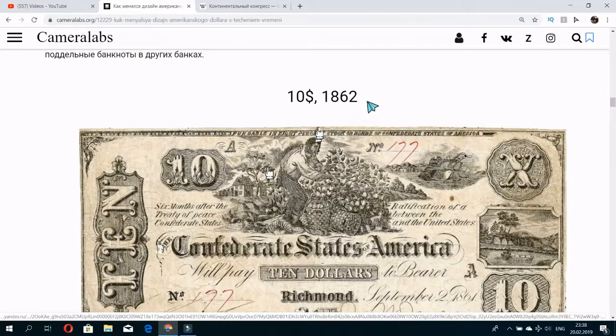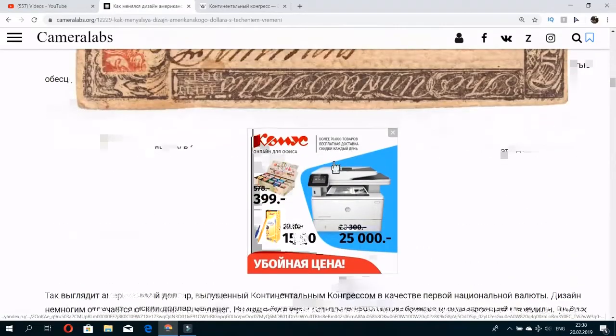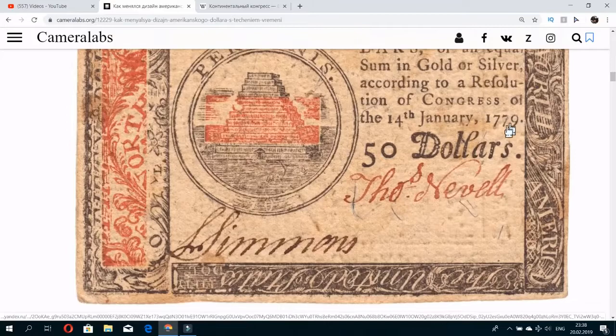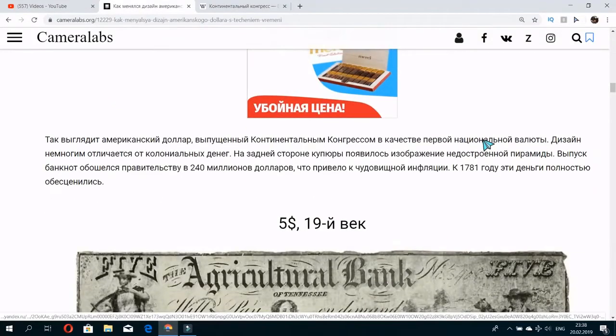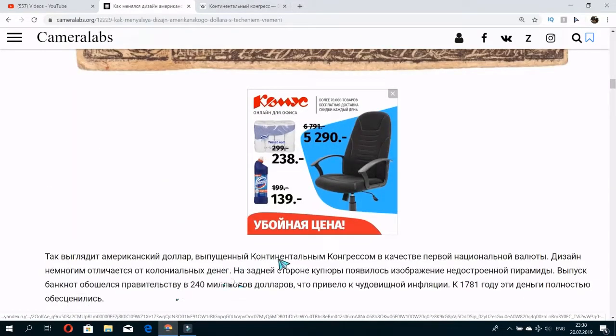The next one is 1862. So we see we have a kind of missing period since 1779. Those who wrote this article say that this is how the dollar looked that was made by the Continental Congress as the first national currency.